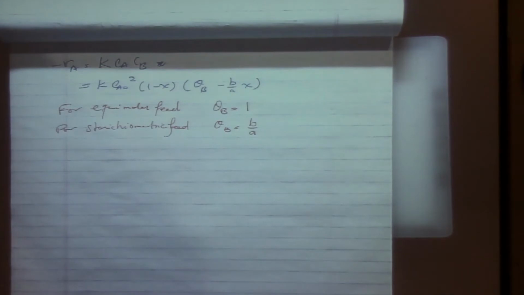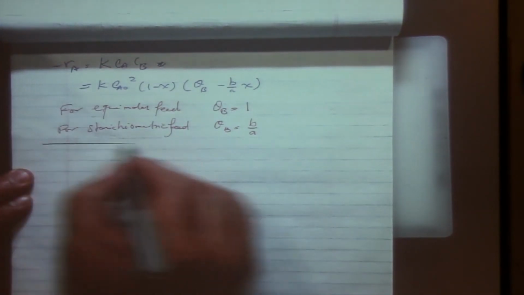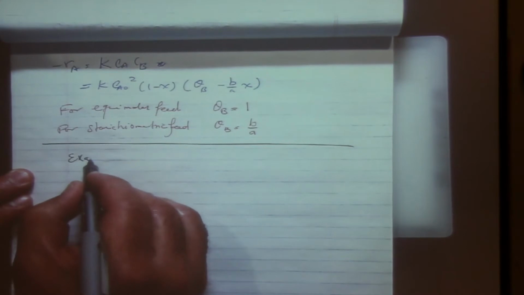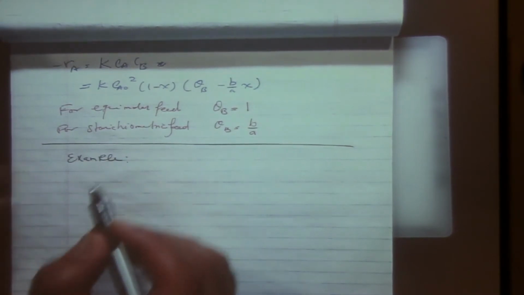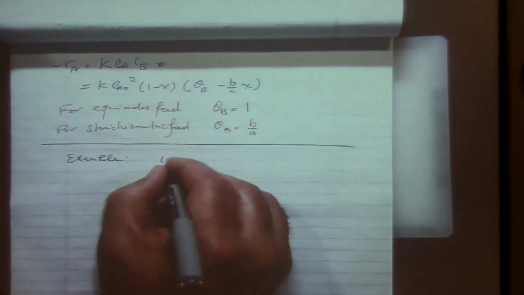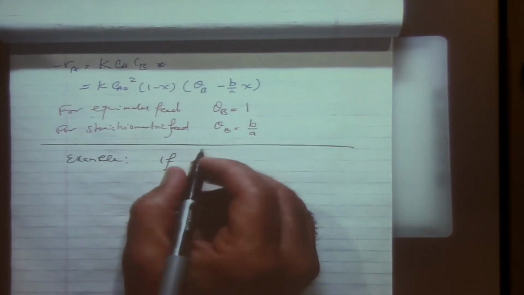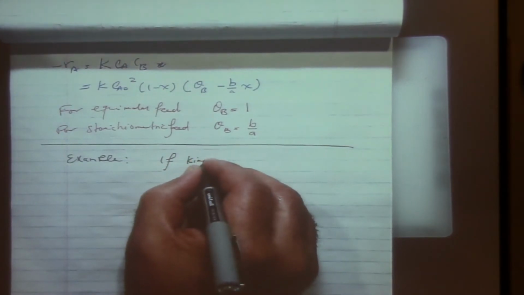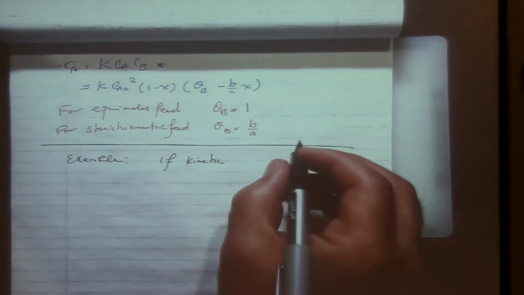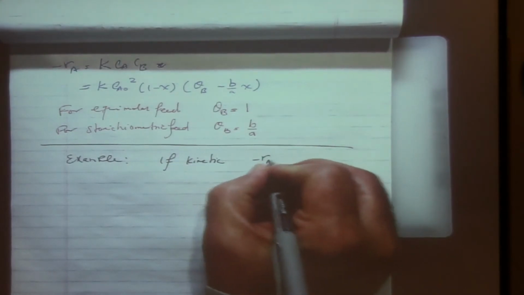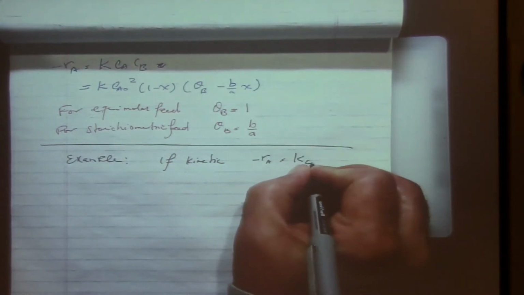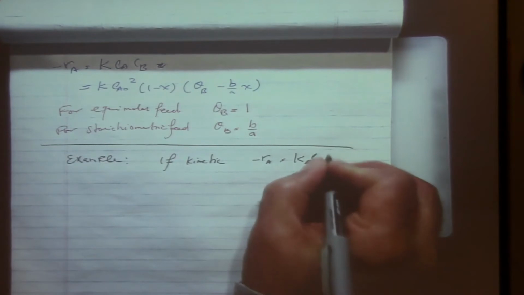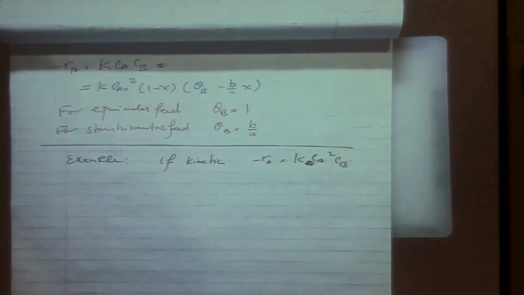Okay, so just another example. I will change the form of the kinetics. Like if the kinetics, or rate law, is minus rA equals k CA squared CB.